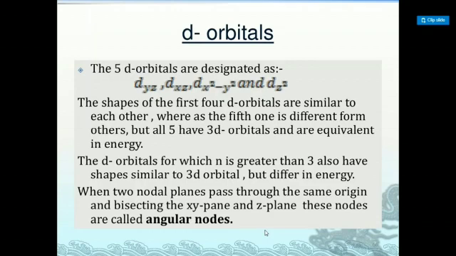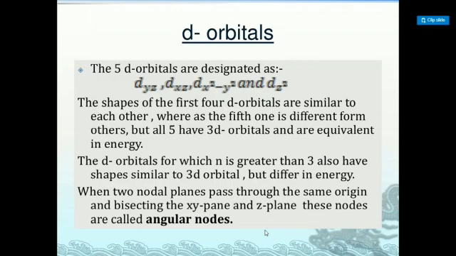The d orbitals for which n is greater than 3 also have shapes similar to 3d orbitals but differ in energy.